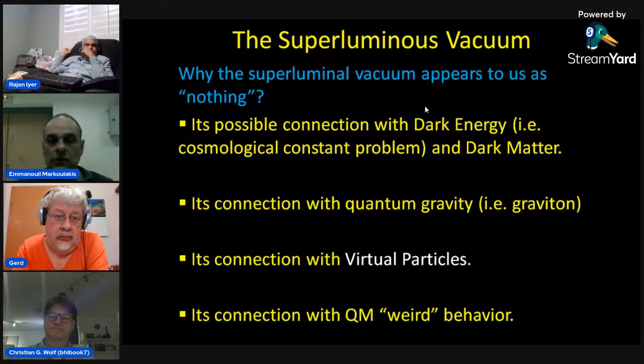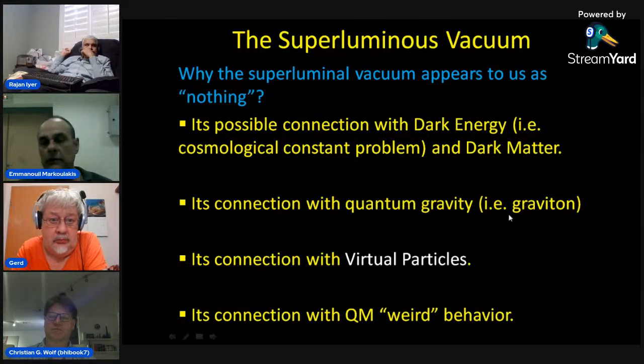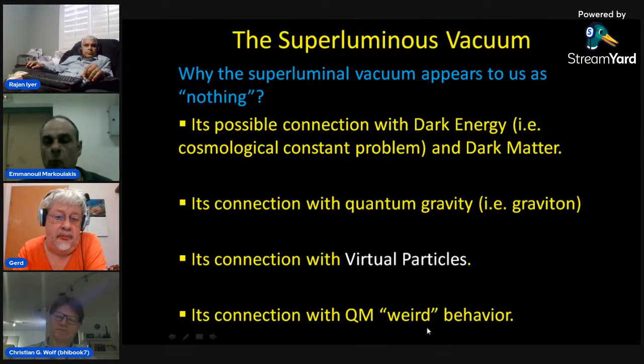Also its connection with quantum gravity. I mean, we already talked about this, about the graviton. And the connection of the superluminal vacuum with virtual particles. And lastly, the connection of what superluminal quantum has to do with the overall weird behavior of quantum mechanics.